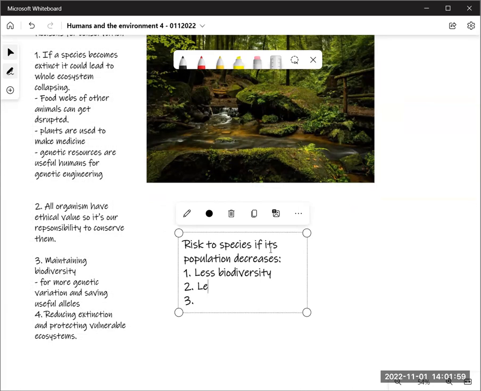So let's say less genetic variation, less adaptations to environment, and let's say useful alleles evolving.